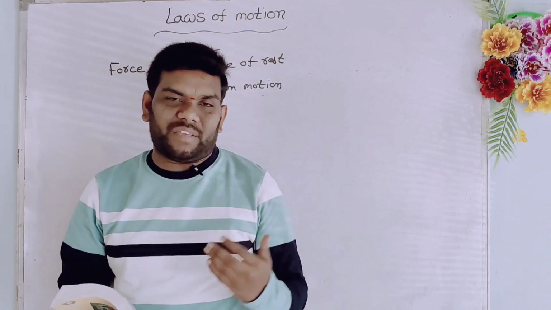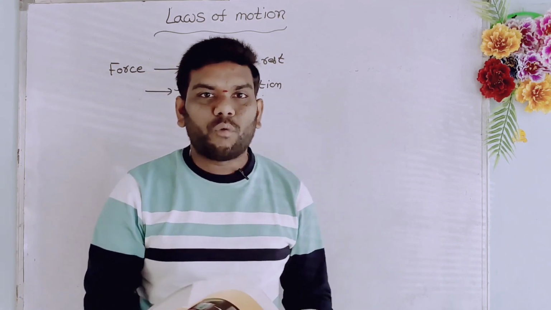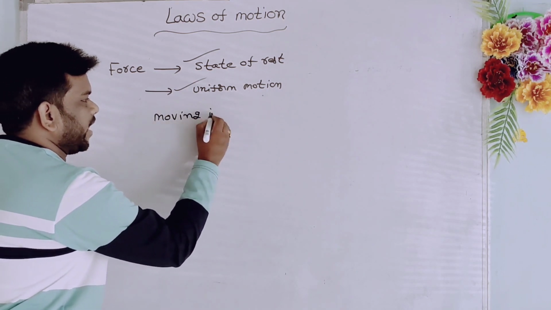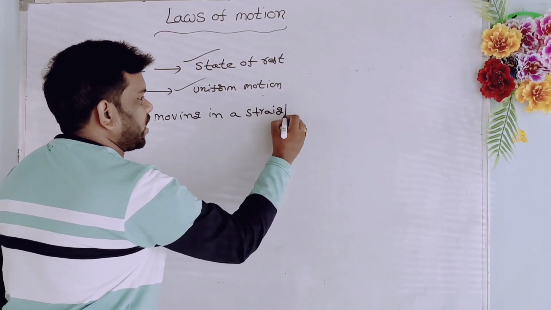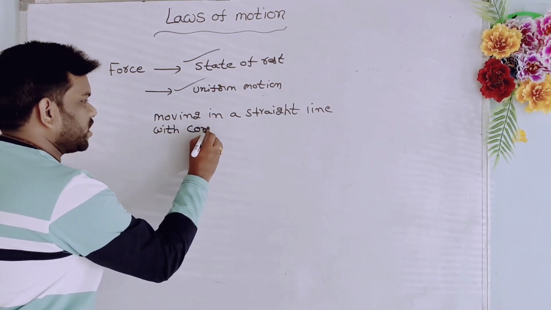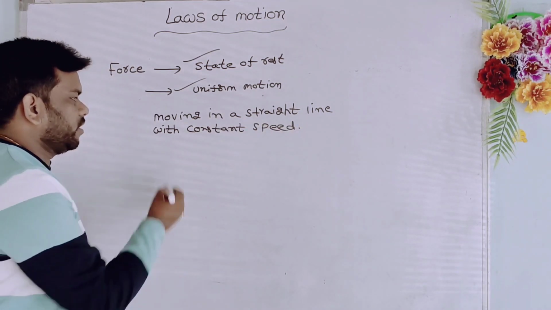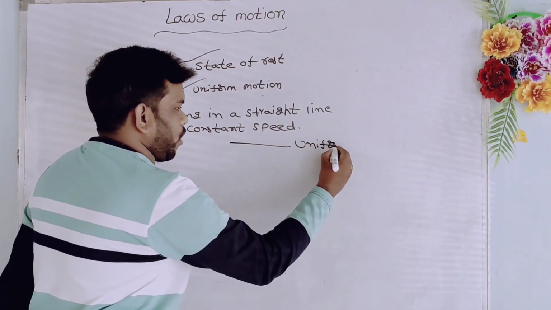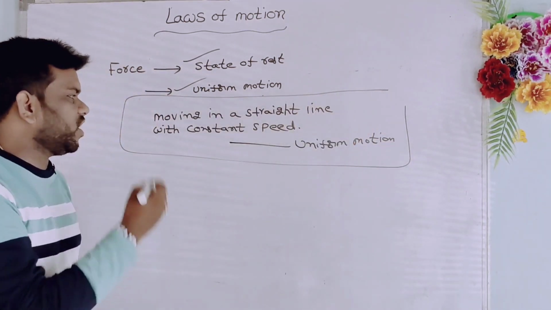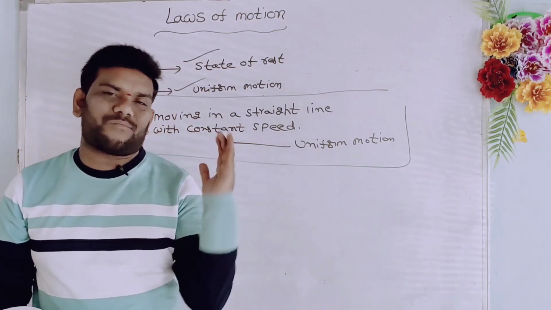In the previous class, in the motion lesson, I told you what uniform motion is: a body moving in a straight line with constant speed is known as uniform motion. This is very important.